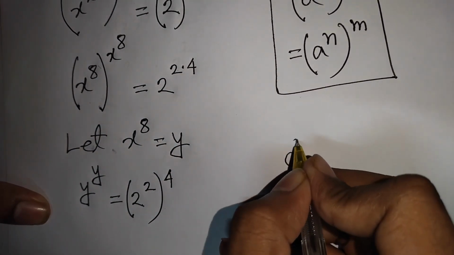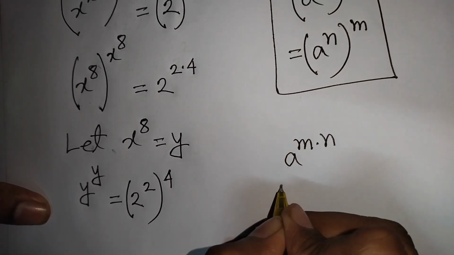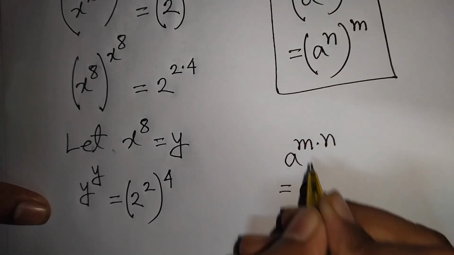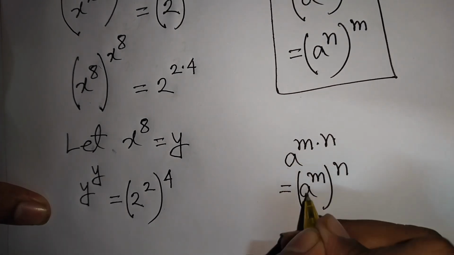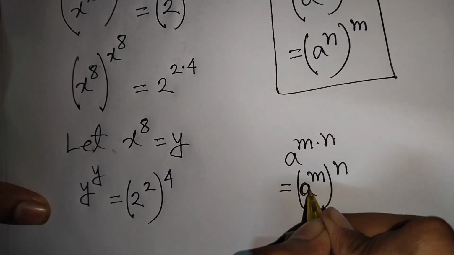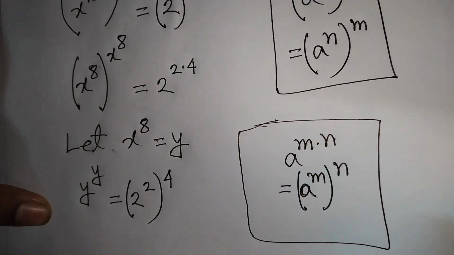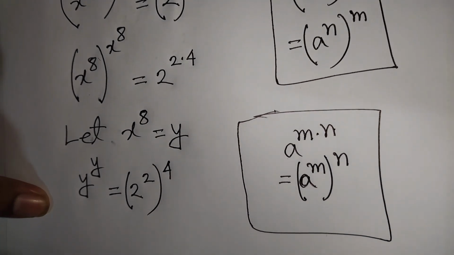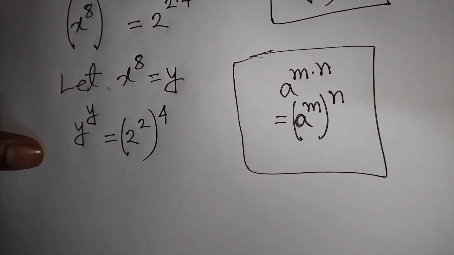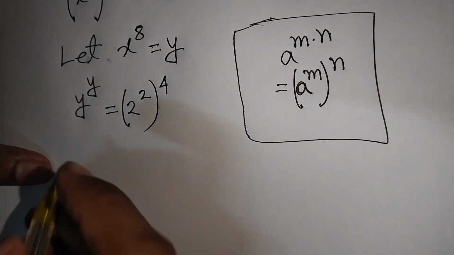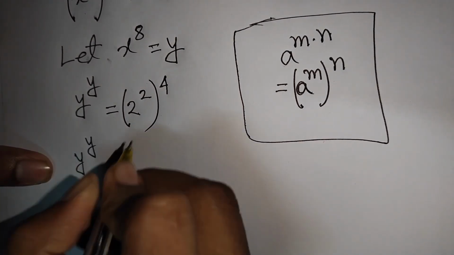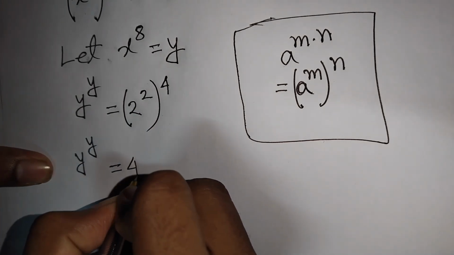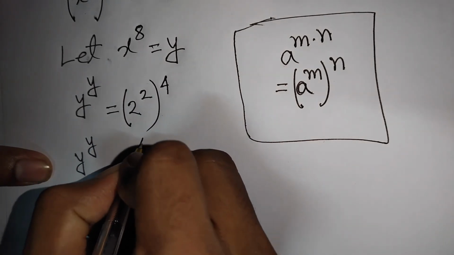According to this rule, a power of m times n is equal to a power m, bracket power n. So now we have y power y is equal to 2 power 2, which is the same as 4, then power of 4.